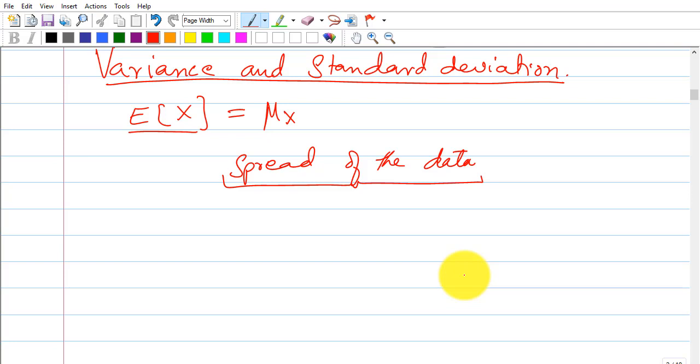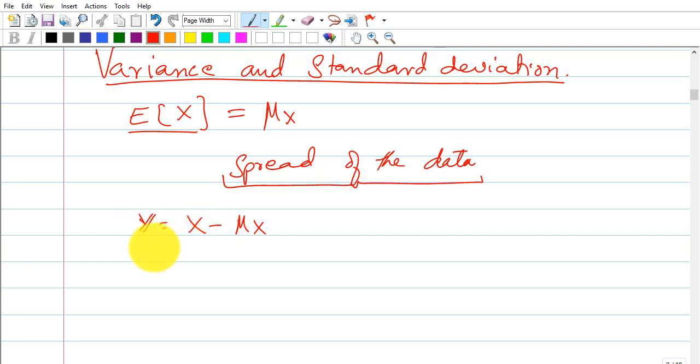Sometimes we can see how far some data is from the mean, say x minus mu x, which gives me the difference between the mean and the random variable.